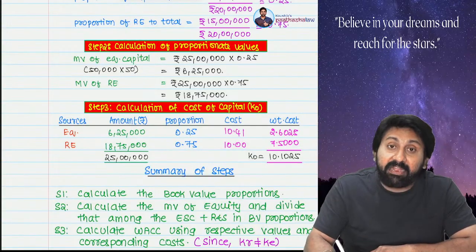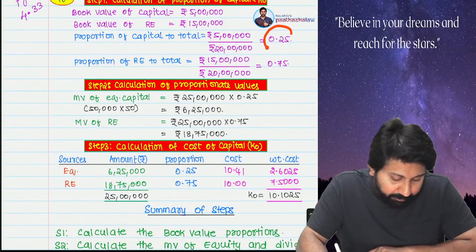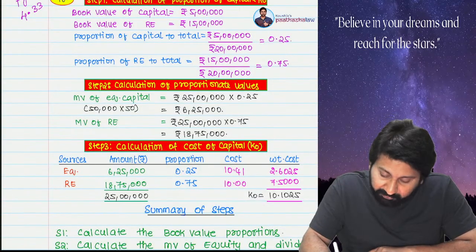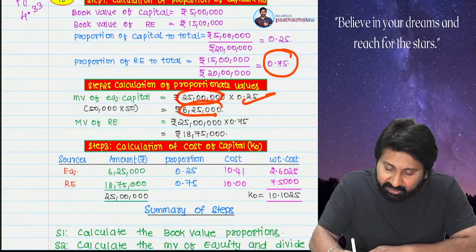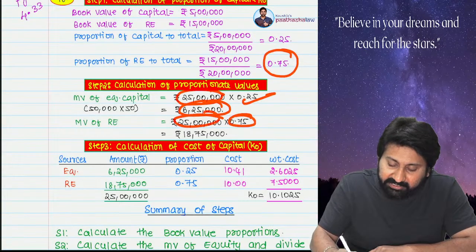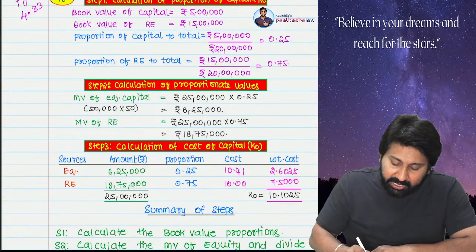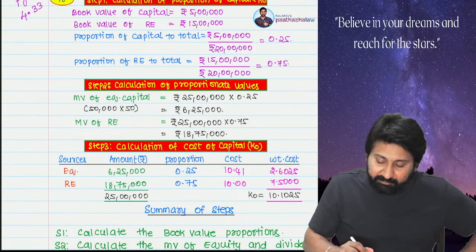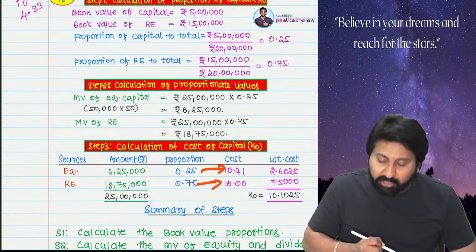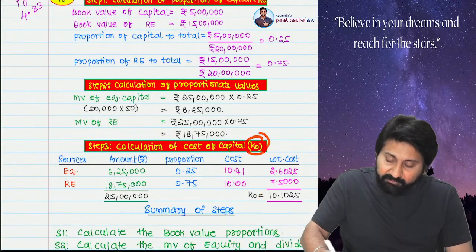Divide the market value in the book value proportions, 0.25 and 0.75. So 25 lakh into 0.25, 6 lakh 25. 25 lakh into 0.75, 18 lakh 75. First consider those amounts. Equity proportion 0.25, retained earnings proportion 0.75. Consider the cost of capital separately and then calculate the overall cost of capital.